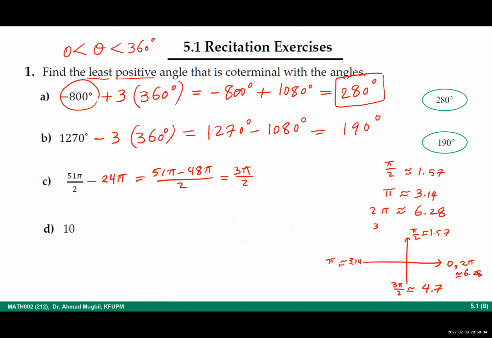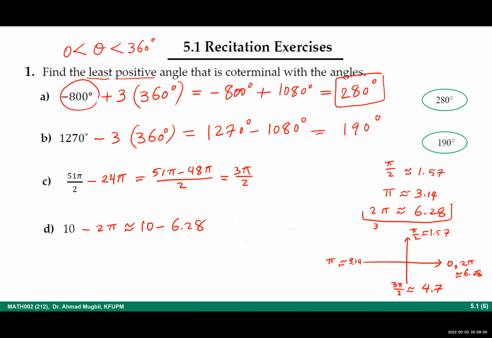Now 10 is greater than 2 pi. Why? Because 2 pi is approximately 6.28. So 10 is greater than 6 point something. So what we will do, we will subtract 2 pi, and we will see if we are still greater than 2 pi, we will subtract 4 pi. But look, when you subtract 10 minus 2 pi, this is approximately 10 minus 6.28.